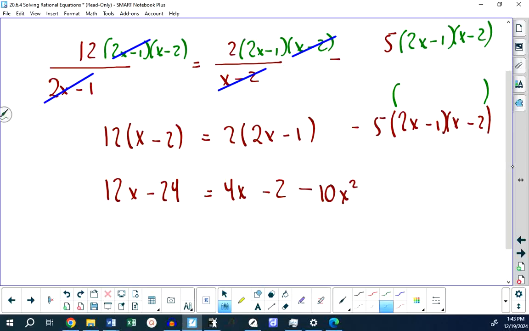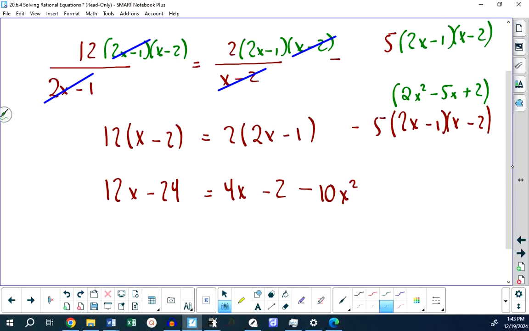However, if you want to write out the FOILing first, maybe even as an entire step, you can. I prefer for something like this just to multiply it out, and I keep track of it in my head.